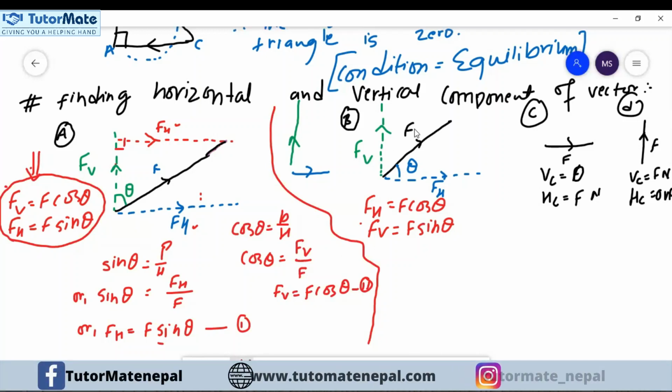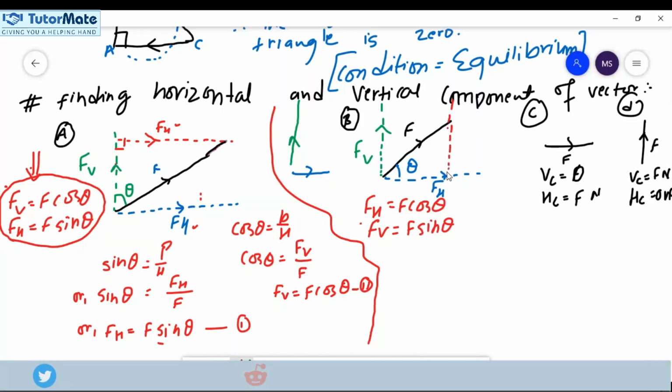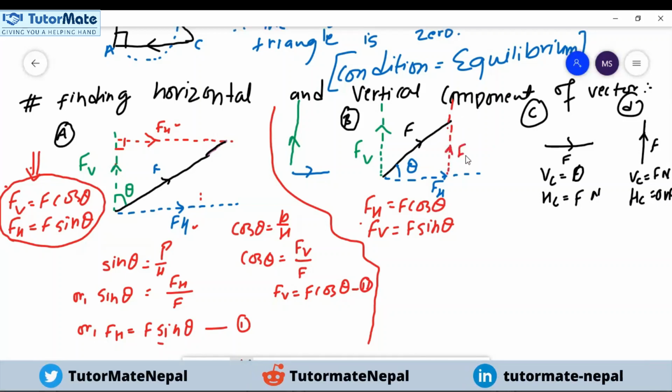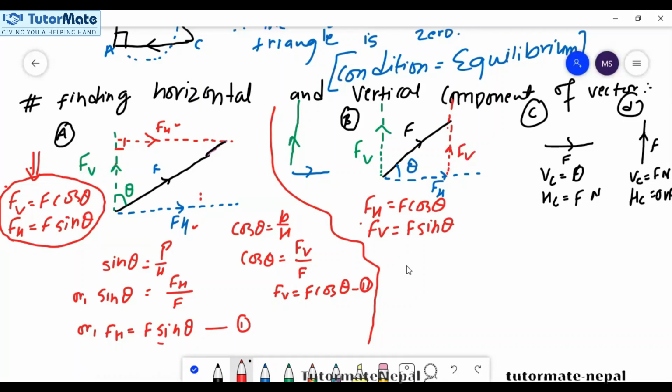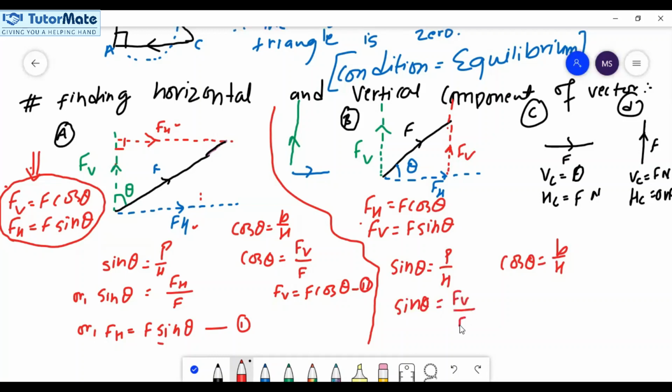Similarly, here in this B part, let me drag FV over here. This is FV, right? And again use the sine and cosine ratio. Sine theta is equal to P by H. Similarly, cos theta is equal to B by H. So sine theta is equal to FV by F, and FV is equal to F sine theta.